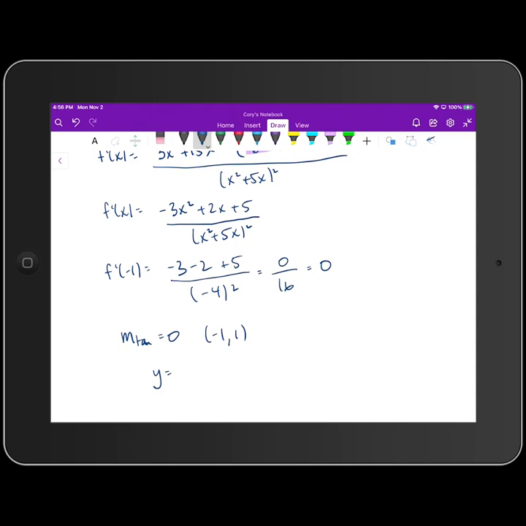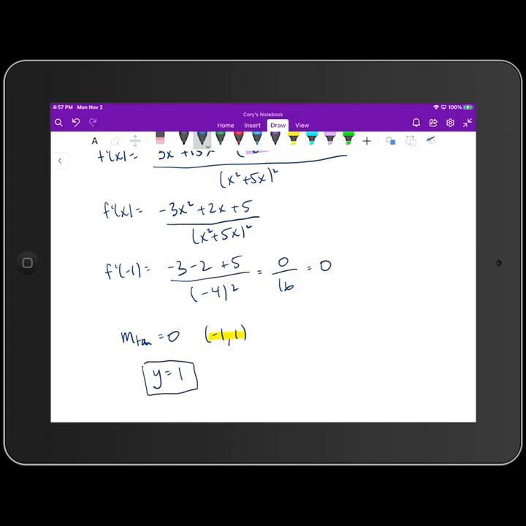And for that line to pass through the point negative 1, comma 1, the y-coordinate of our line has to be the same as the y-coordinate of our point. So our tangent line is the line y equal to 1.